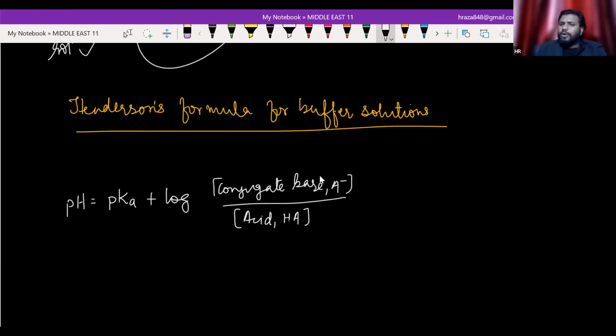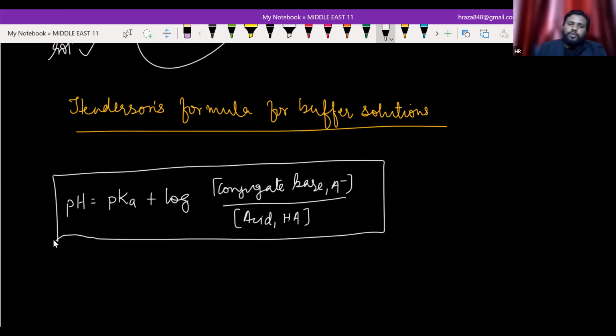Here is how we calculate the buffer solution's pH, and this equation is known as Henderson's formula for buffer solution.